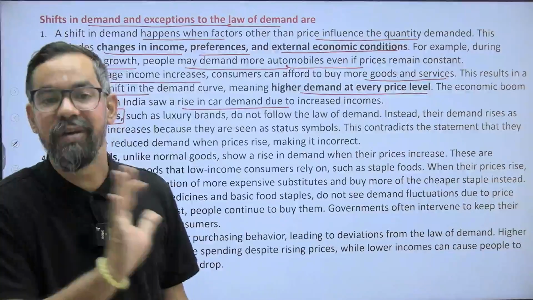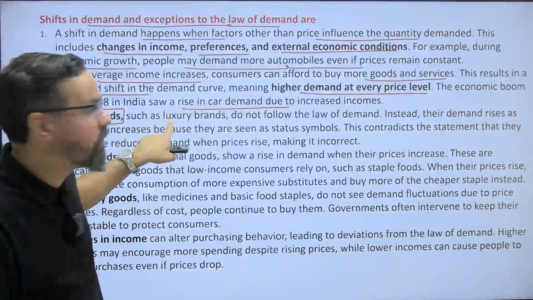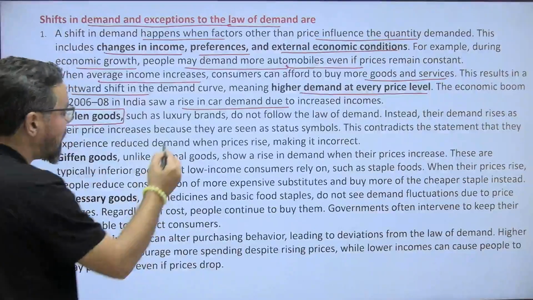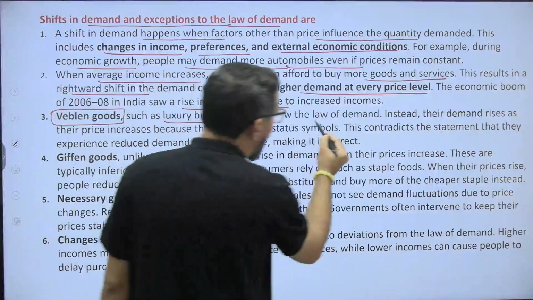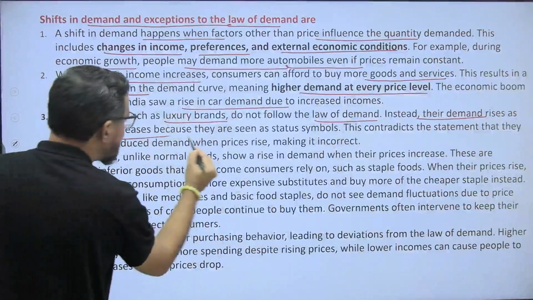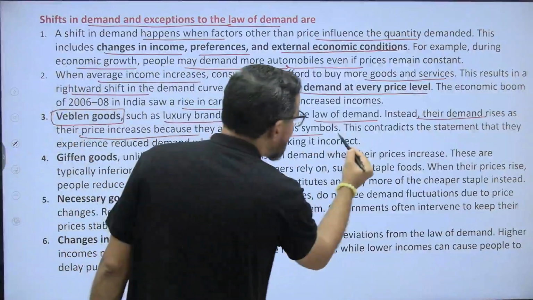So the law of demand does not apply to these. These are the exceptions to the law of demand, right? Such luxury brands do not follow the law of demand. Instead, their demand rises as their prices increase, because they are seen as status symbols.